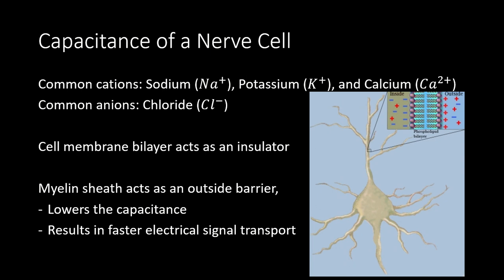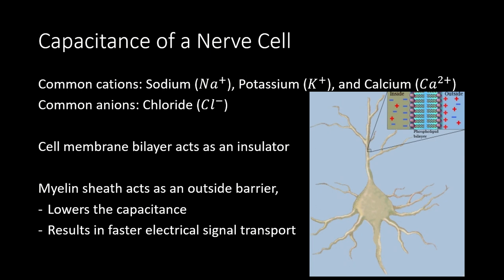And the phospholipid membrane is very effective at preventing charge from passing through, which is why the cell membrane would be our capacitor. The cellular membrane can be thought of as an insulator, and the myelin sheaths are what acts as an outside barrier to outside of the axon.